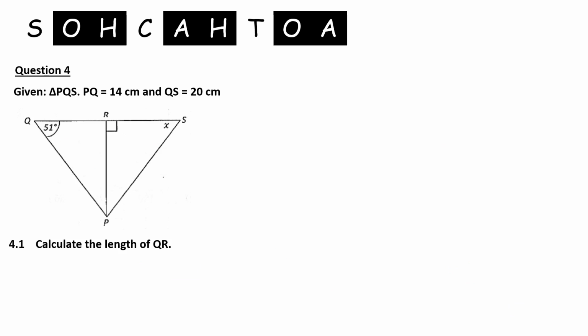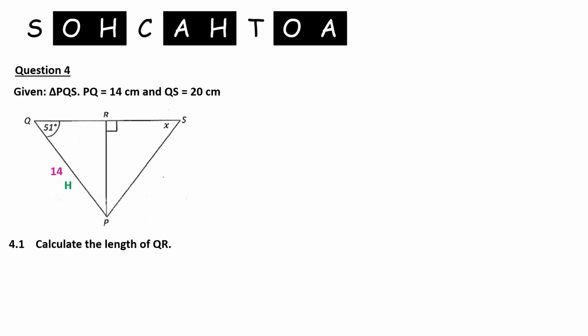Let's try one more. In this example, we've got two triangles. So we'll have to just think carefully about which triangle we're going to use for the different calculations. So first of all, we want to calculate the length of QR. Now we need to decide what information I need to add to my drawing. Well, I know that PQ is 14 and QS is equal to 20.